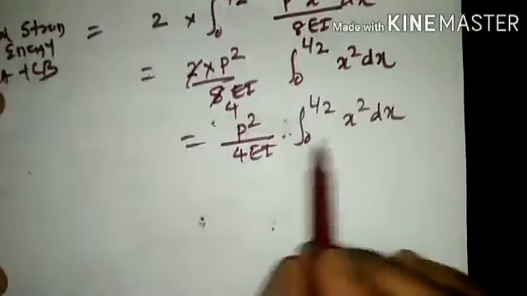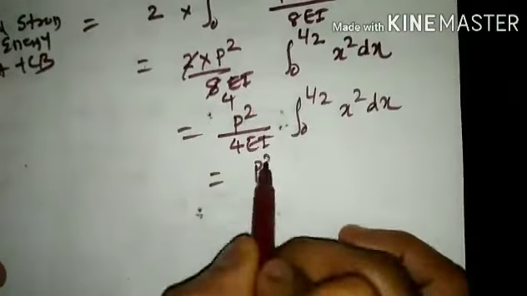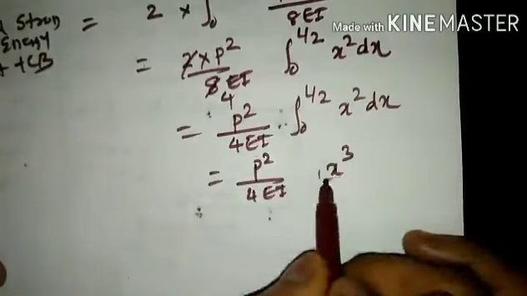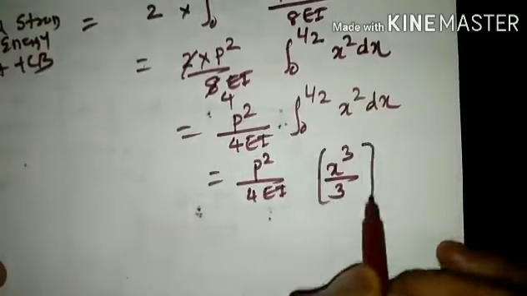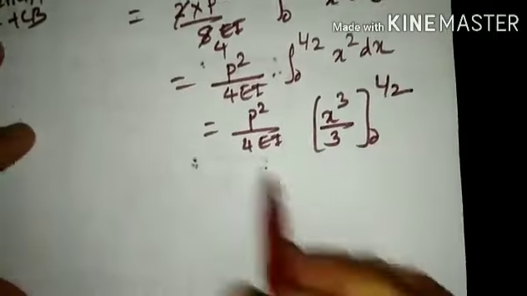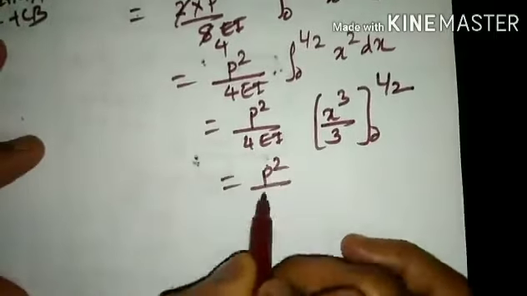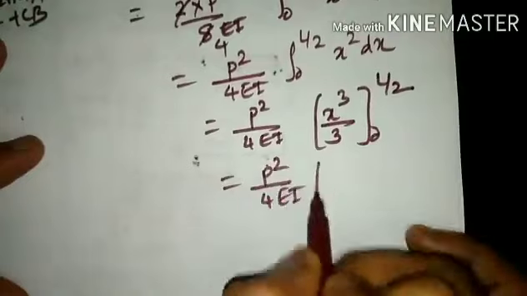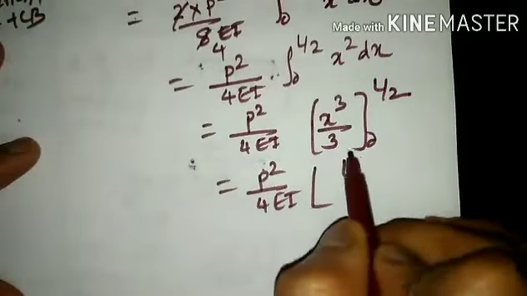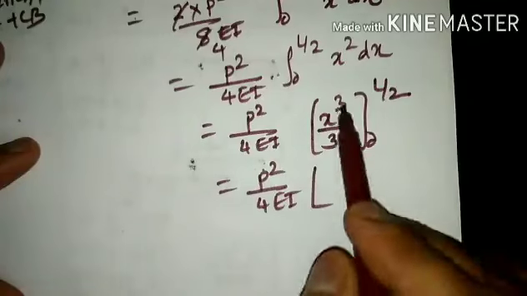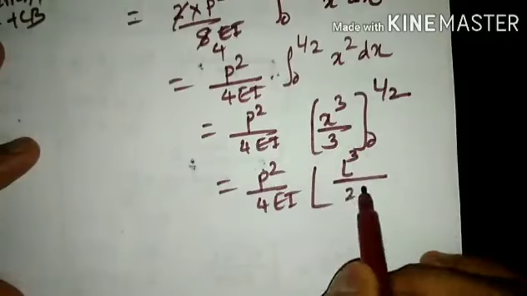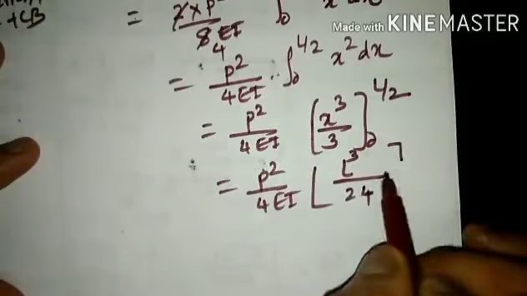Now we have to integrate this x squared term. P squared by 4EI, and the integration of x squared is x cubed by 3, between 0 and L/2. Once we substitute the value L/2, this will be L cubed, then 2 cubed is 8, and 8 times 3 is 24. So this is the first term.